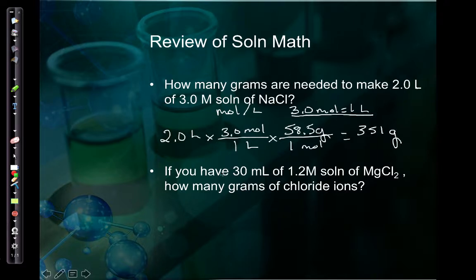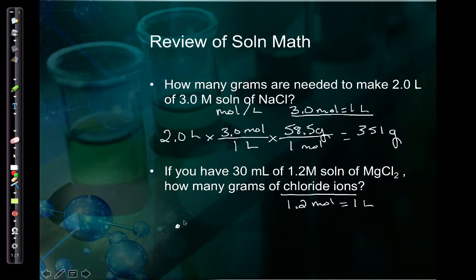All right, let's look at a different one. If you have 30 milliliters of a 1.2 moles per liter solution of magnesium chloride, how many grams of chloride ions do you need? This one, we're going to have to look at a little bit deeper. Remember, 1.2 big M is the conversion factor between moles of the solute and liters of the solution. So we're not starting with the molarity, we're going to start with the volume.